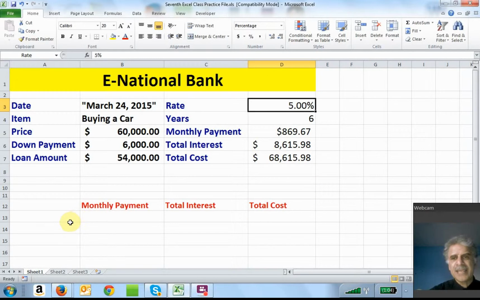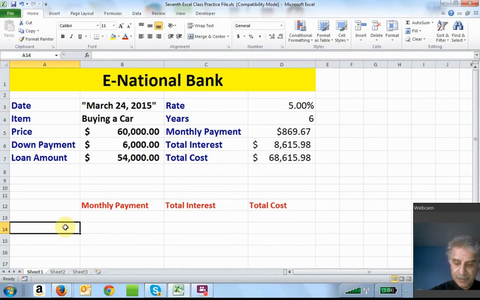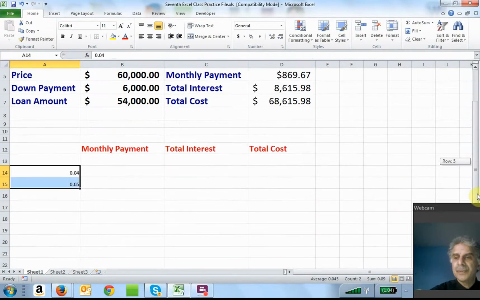Now, if somebody asks me to come up with different interest rates, let me start from something like 4% and increment it by 1 point, go all the way up to like 8%. So I type the first two, and then I go to 8%.